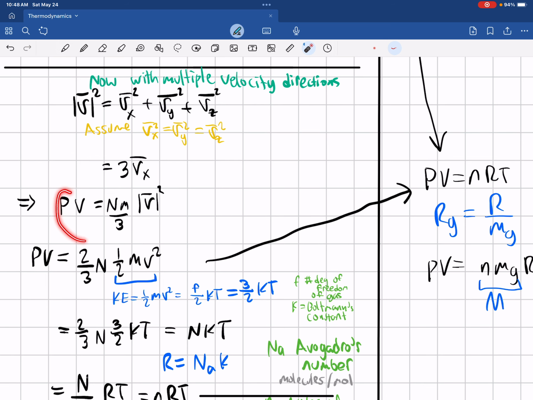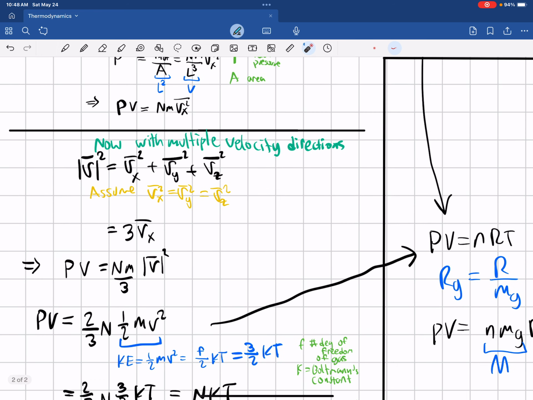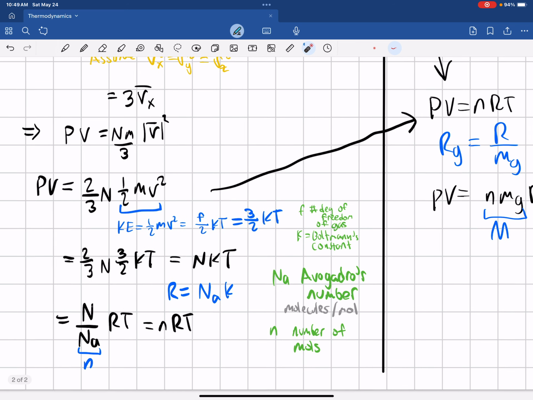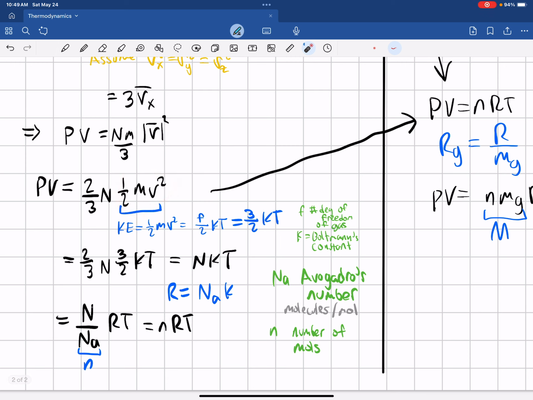So now that we've done that, we can plug it into PV, which was this. So it's NM divided by 3, the magnitude of the averages squared. And now we can play some trickery. We multiply by 2 divided by 2, which is 1. And we can see that 1/2 mv squared is kinetic energy. But another definition for kinetic energy other than 1/2 mv squared is F over 2 kT, where F is equal to 3, gives us 3/2 kT.